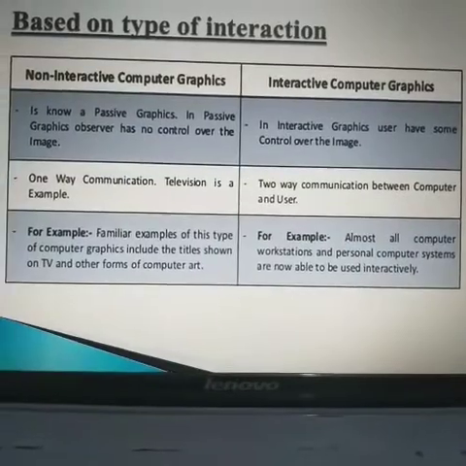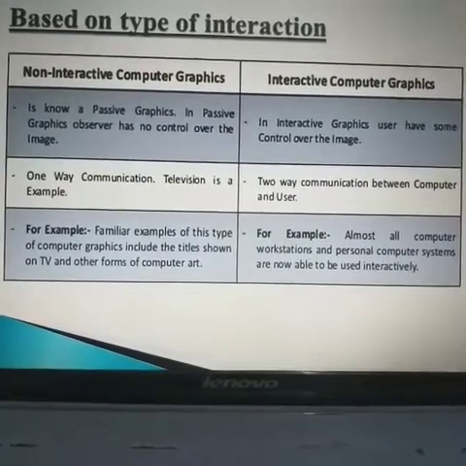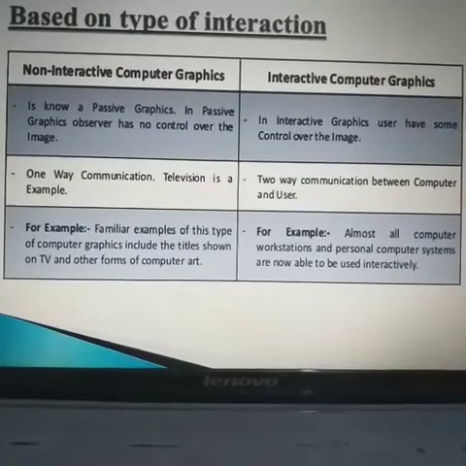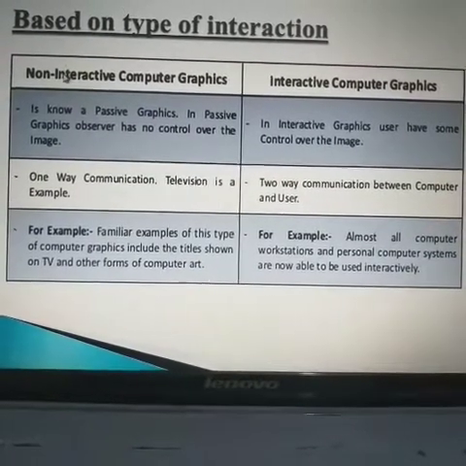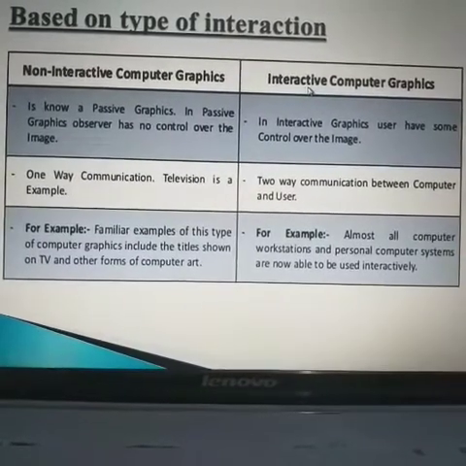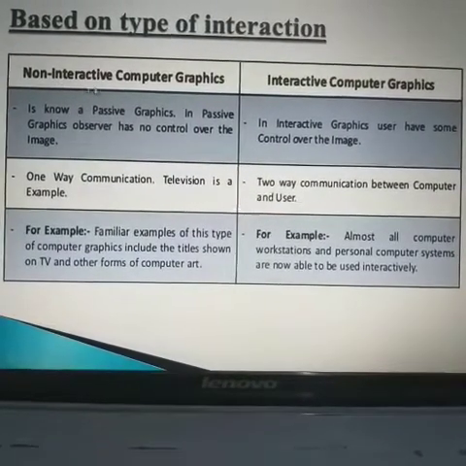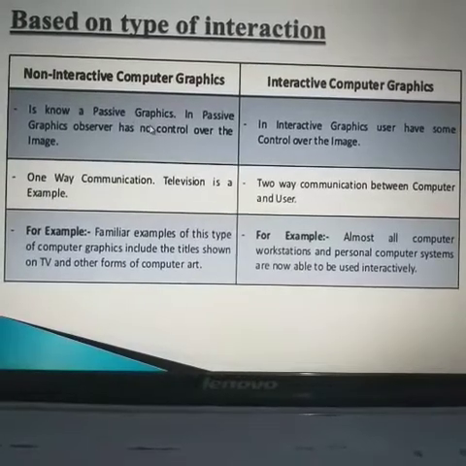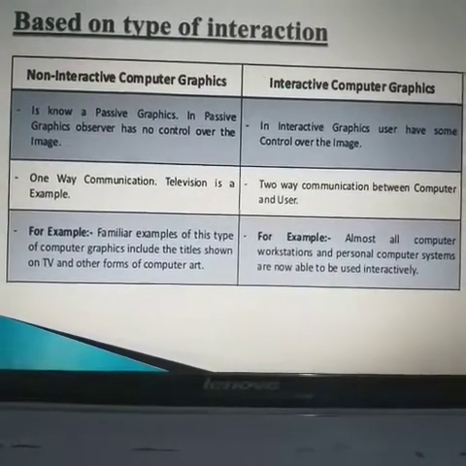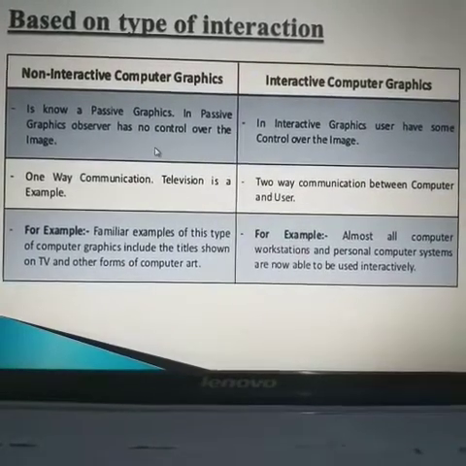The very first type is based on the type of interaction, that is controllable or non-controllable. Non-controllable is also known as non-interactive computer graphics, and controllable is interactive computer graphics. Non-interactive is also known as passive graphics. Passive means that the observer has no control over the image.